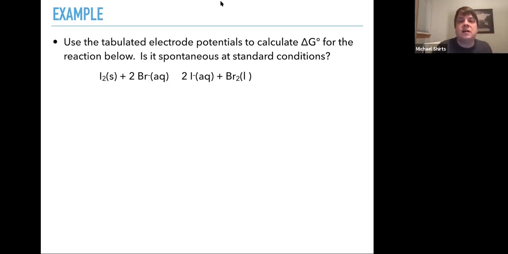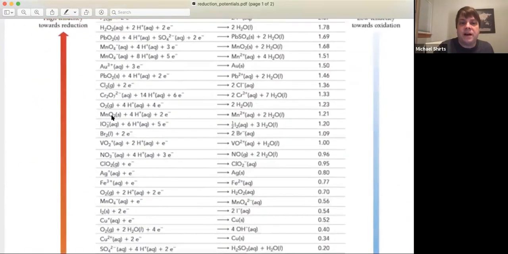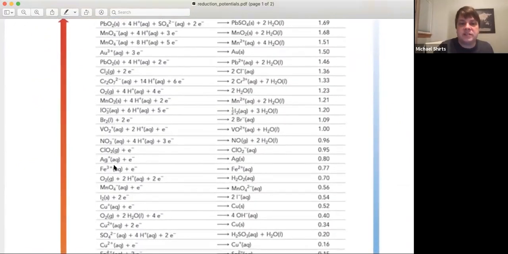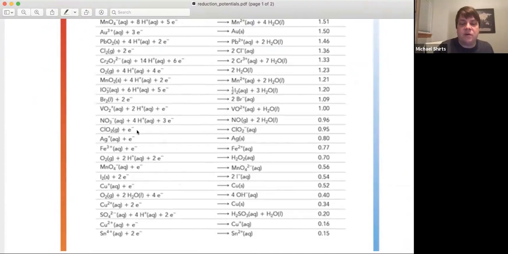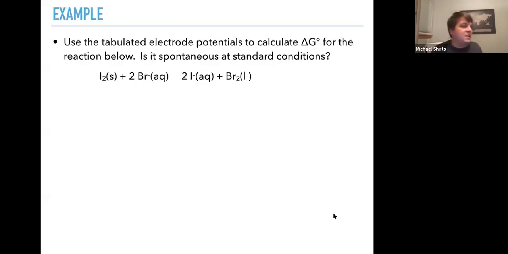What we need is the reduction potentials of iodine, which is here, 0.54, and bromine, which is 1.09. Cool. All right, so we've got that information. That's all we need. Everything else is just going to be calculations. So let's go back here and write that down.